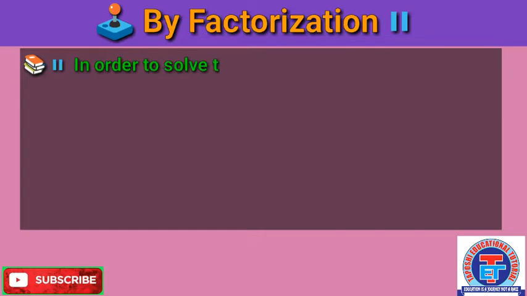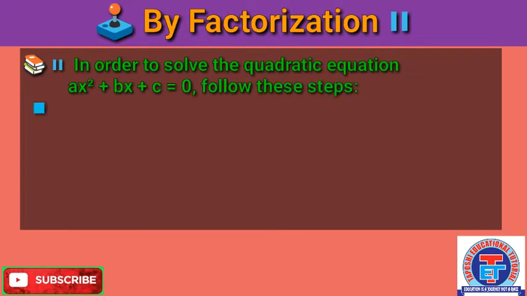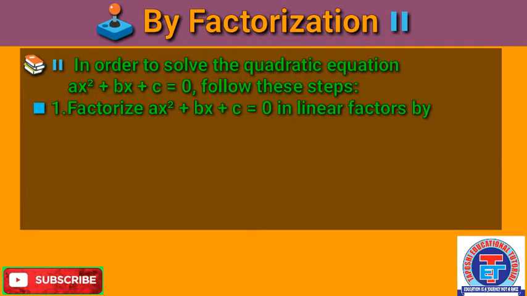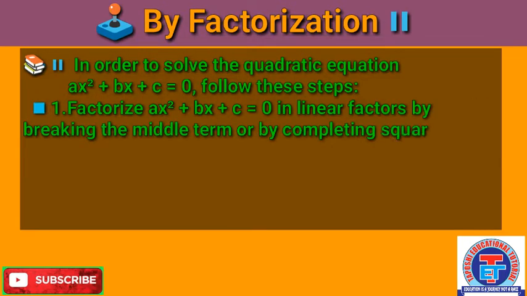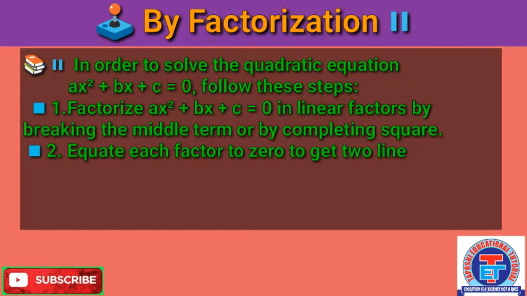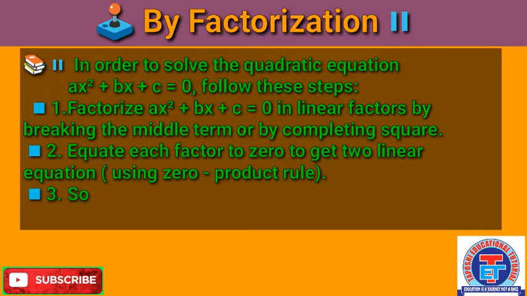In order to solve the quadratic equation ax square plus bx plus c is equal to 0, follow these steps. Number 1, factorize ax square plus bx plus c into linear factors by breaking the middle term or by completing square.